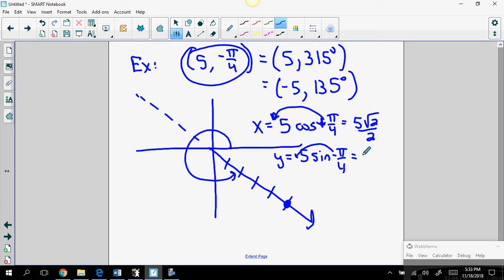Sine, you rip out the minus, minus 5 sine of pi over 4. That's this. It's over 5 radical 2 over 2, down 5 radical 2 over 2, if you're looking for x, y's. Just two different ways to plot the point.